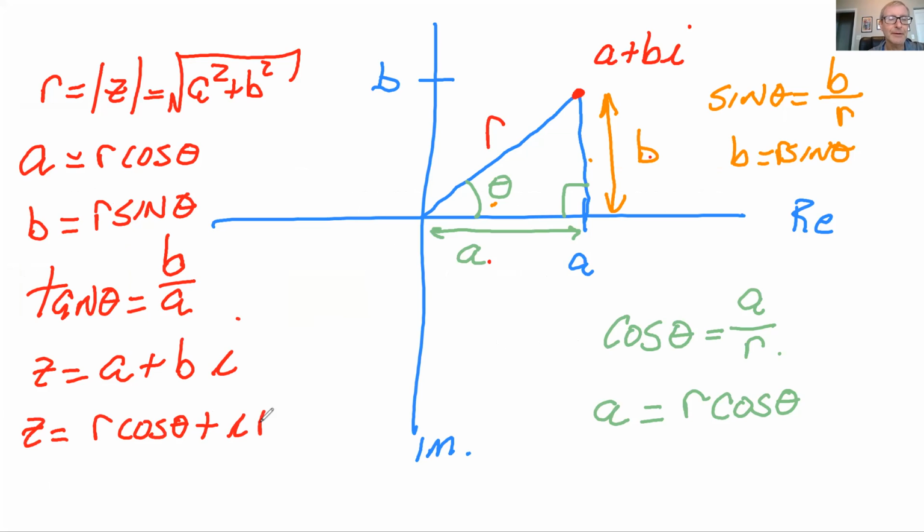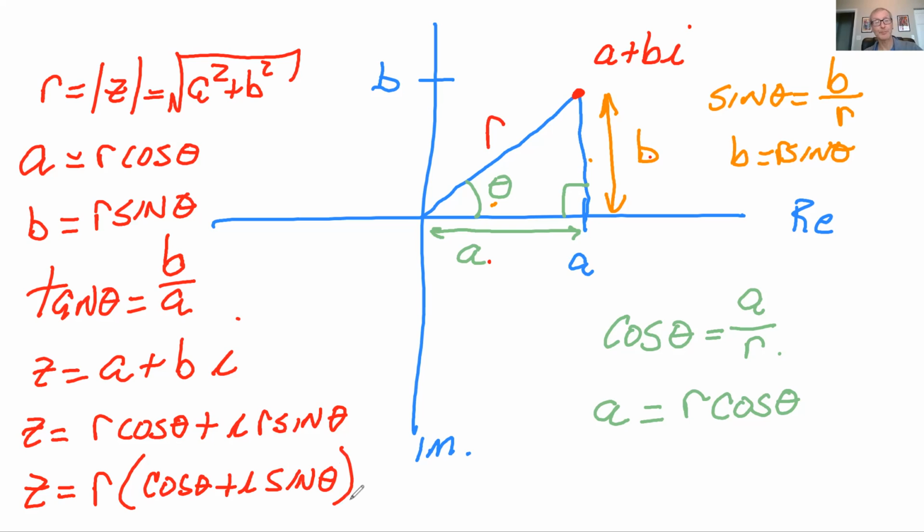It's i r sine of theta. And sometimes what you would do is pull out the r's, and the final representation typically looks like this: r times cosine of theta plus i sine of theta. And so that would be the polar or the trig representation of a complex number.